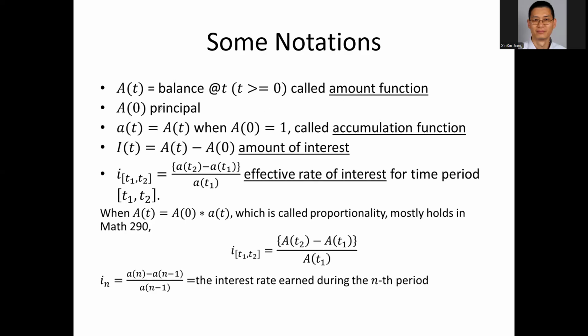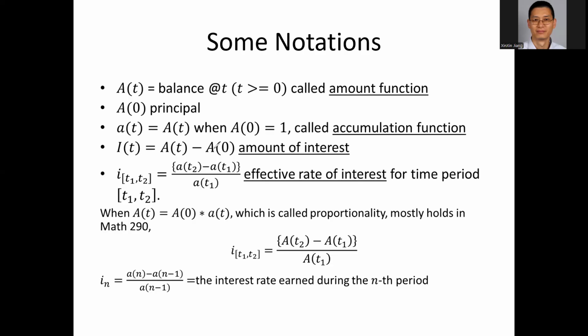Capital A(0) is the principal, that's the money you invest or the money you borrow. Little a(t) is called the accumulation function. It's assumed that the investment or the principal is $1.